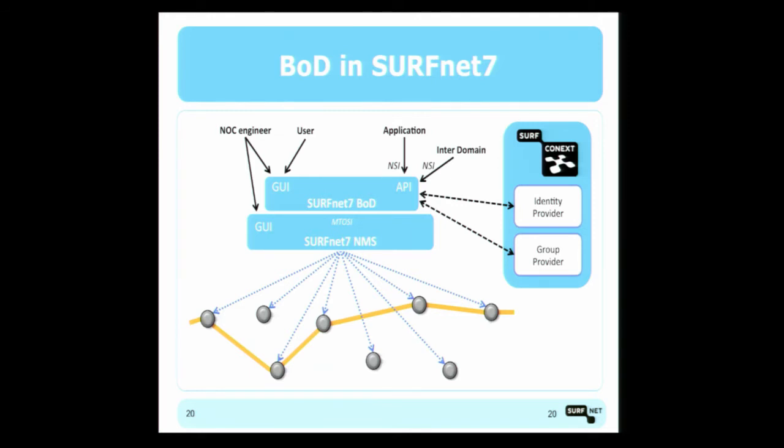That makes the whole complexity of your bandwidth on demand solution quite simple. You just need to put a call into your NMS with a start time, end time, start node or start port, end port, and you have your light path. That's more or less, in a nutshell, the solution we foresee with bandwidth on demand.